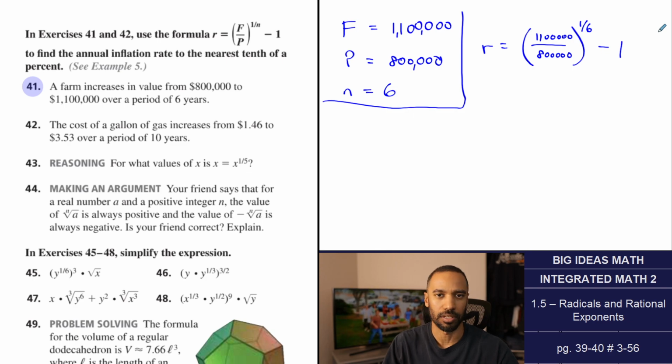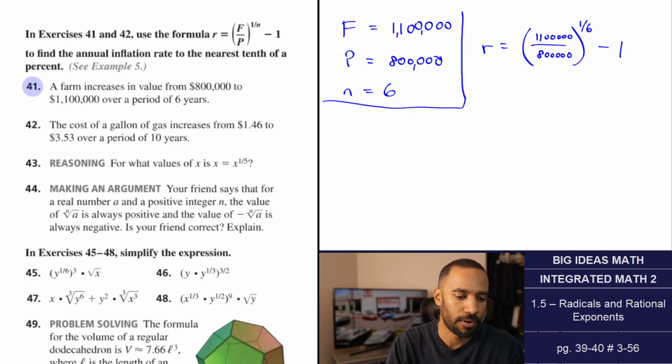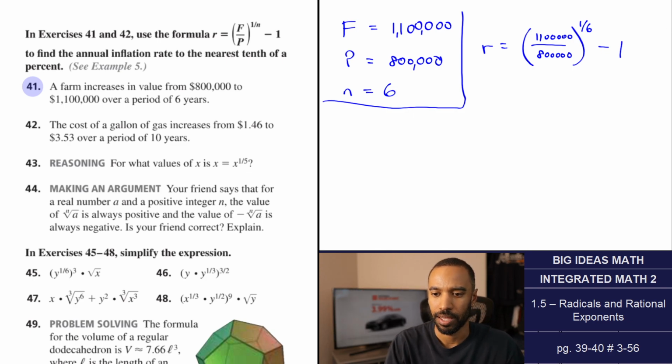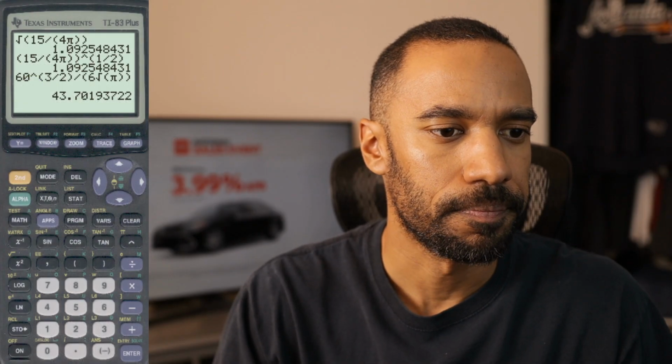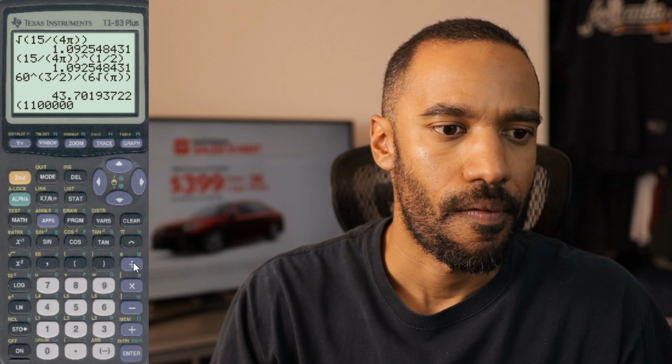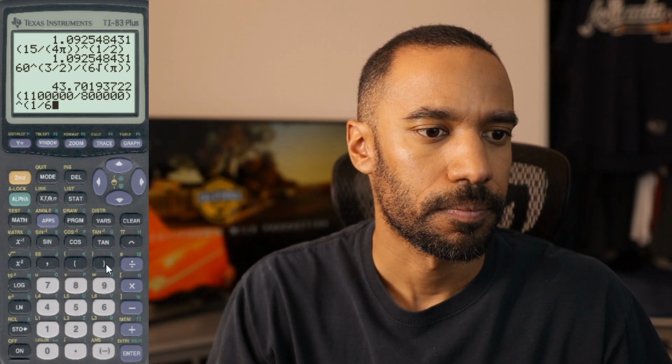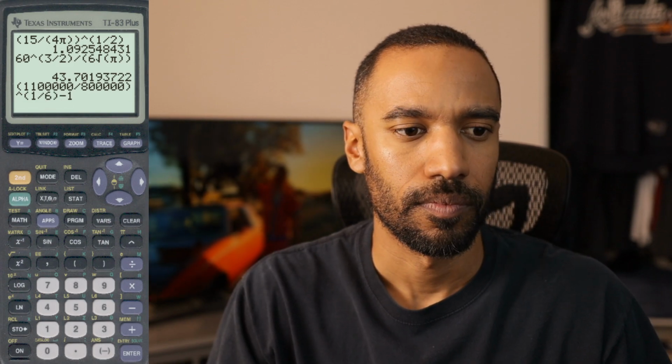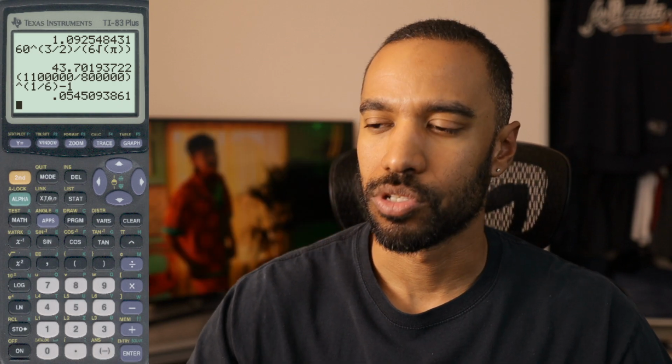And that's where you basically let your calculator do some evaluating for you. So let's go ahead and take a look at that. That'll be that over that raised to the 1/6 power and then minus 1. So the value we're getting is 0.0545.